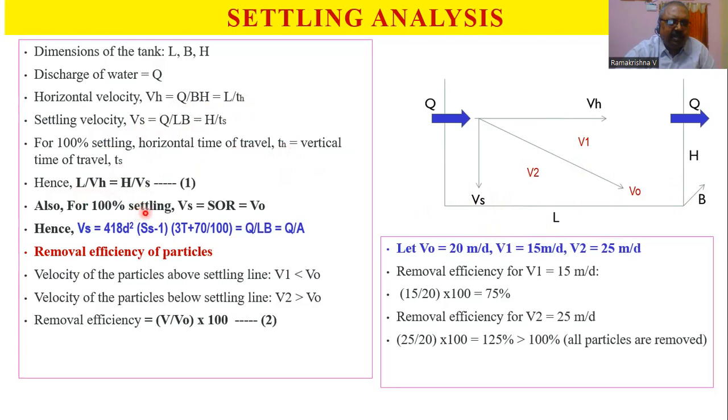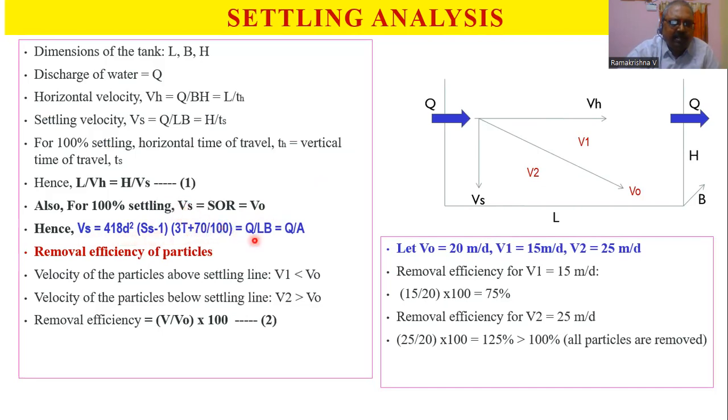For 100% settling, we also have another relationship here. Settling velocity is equal to the ideal settling velocity, which we are defining as the surface overflow rate, V naught. So what exactly is happening here? The surface overflow rate can now be equated to your Stokes law as 418 d square (Ss minus 1)(3T plus 70) by 100.